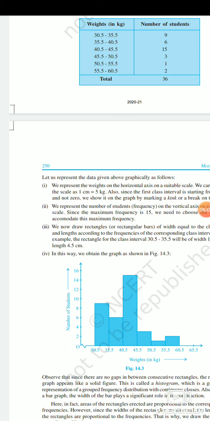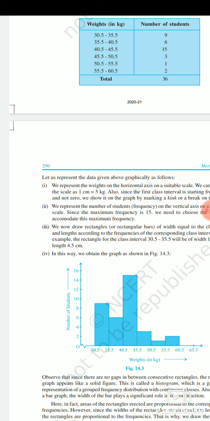The starting number is not 0, so on the x-axis you need to introduce the break symbol, as given in the graph. So 0, then the break symbol, then 30.5, 35.5, 40.5, 45.5, and so on, you mark on your x-axis.